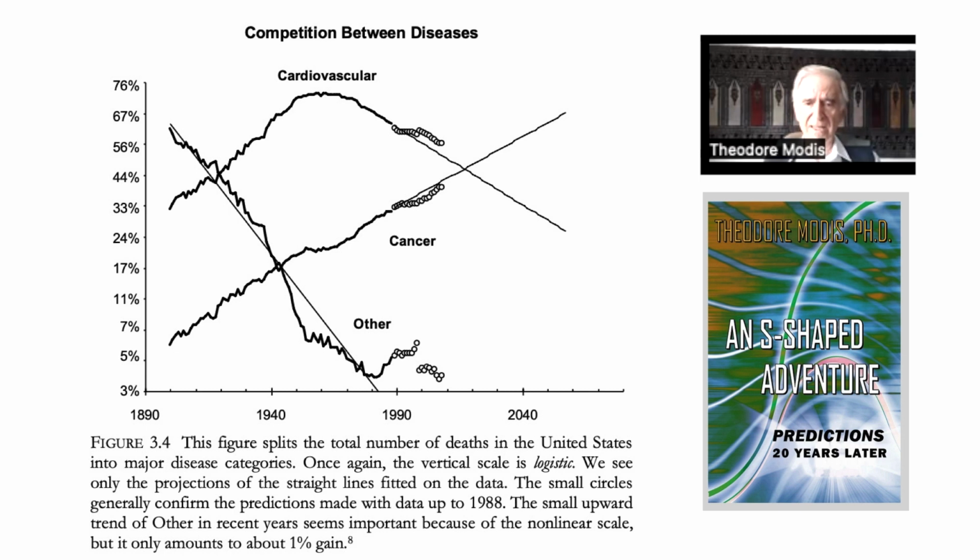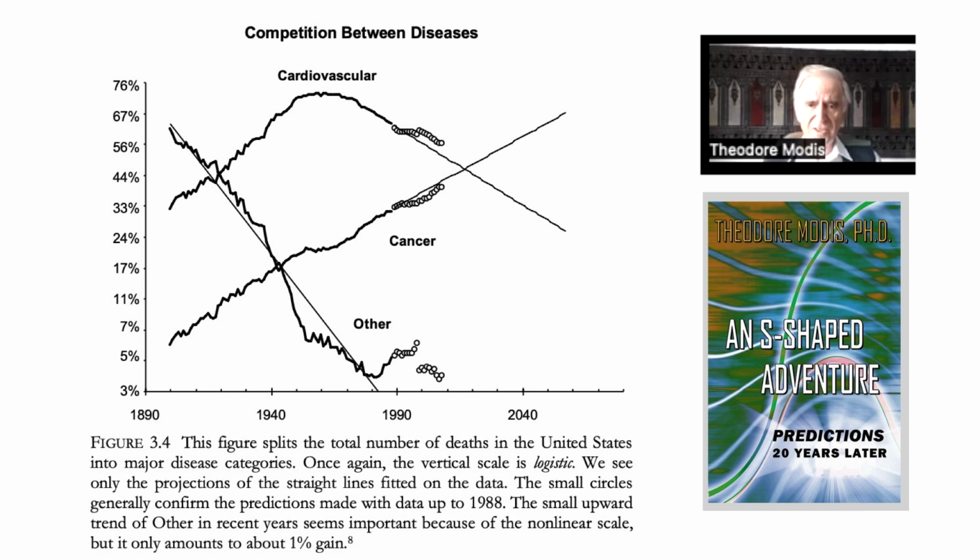So here I have grouped grossly three categories: cardiovascular, which is the major cause of death; cancer, which is the second biggest and is growing; and all others together, which is basically declining.